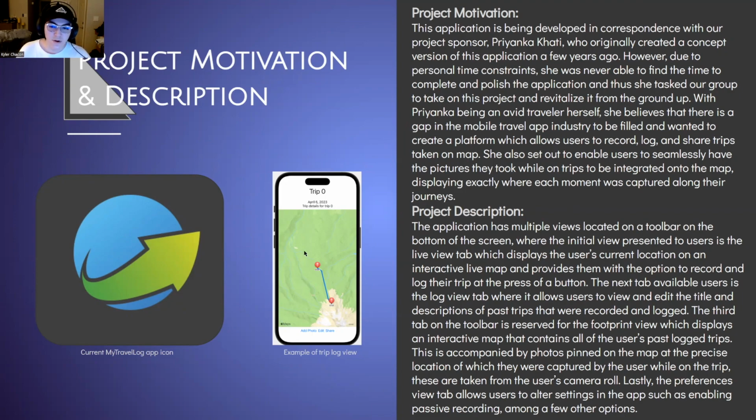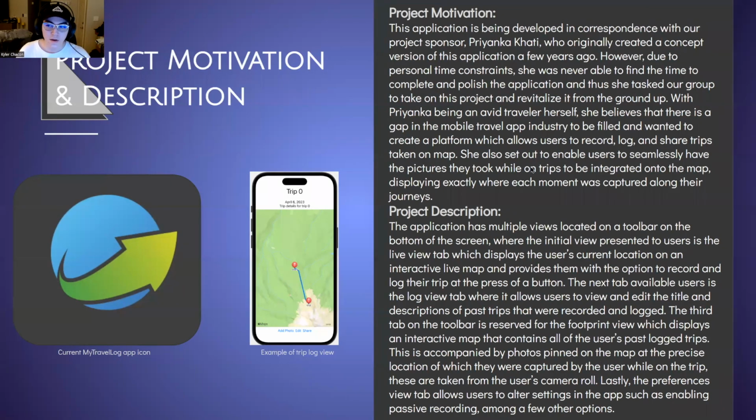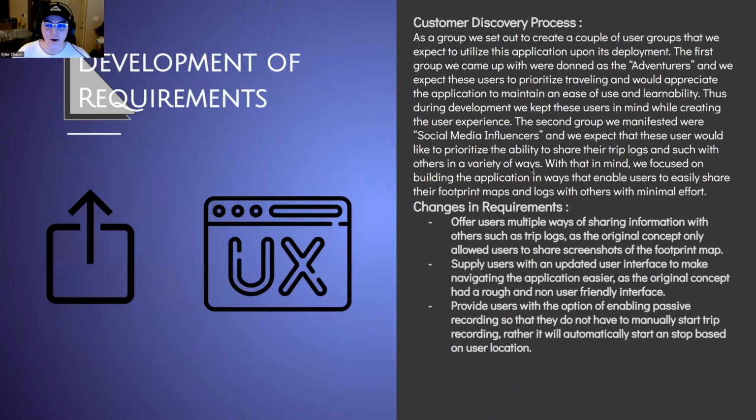This is an example of it right here. And then after that, there's a footprint view, and in there you can see a whole map full of all the logs you've taken, and you can also import photos that you've taken and get them mapped out onto the map there.